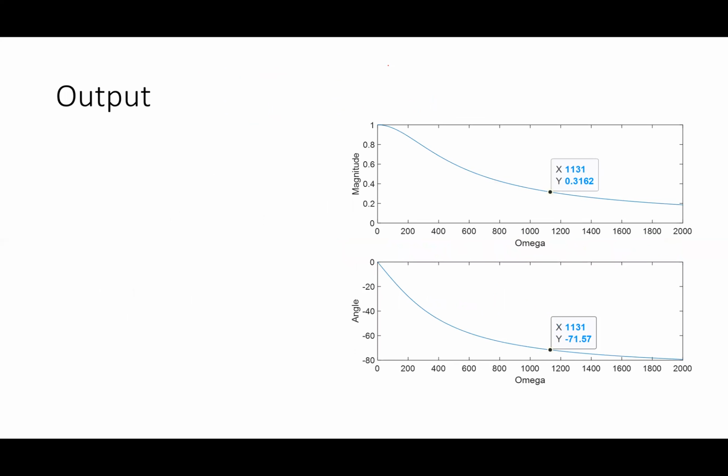In this case, omega equal to 2 pi 180 is approximately 1131 radians per second. What this tells me is that the magnitude has gotten even smaller at that point.